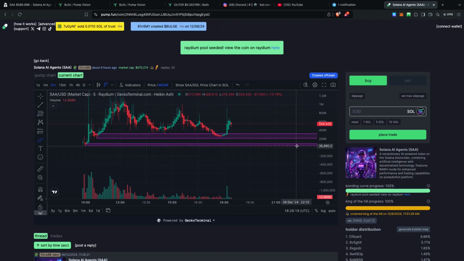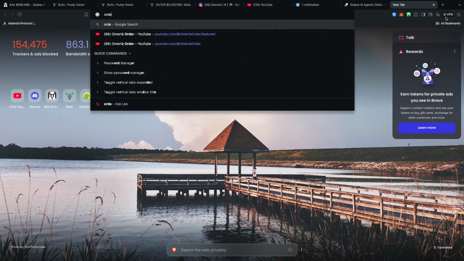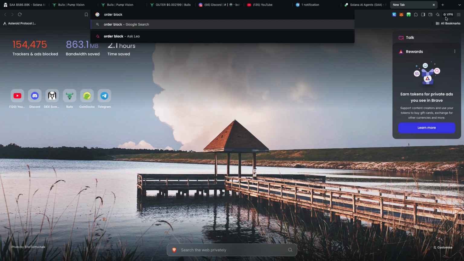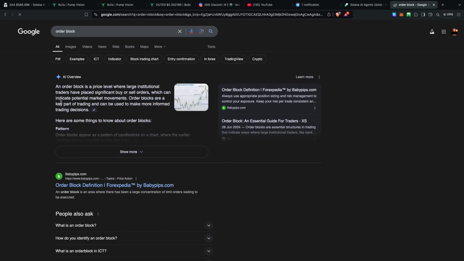So all you have to do when you figure out the coins that are doing very well, the coins that are working, just look at the order blocks. In case you guys don't know anything about order blocks, go on Google and type in what are order blocks, and you guys are going to figure out what order blocks are. So basically, an order block is a price level where large institutional traders have placed significant buy and sell orders, which can indicate potential market movements.